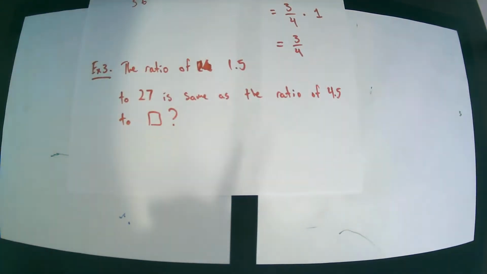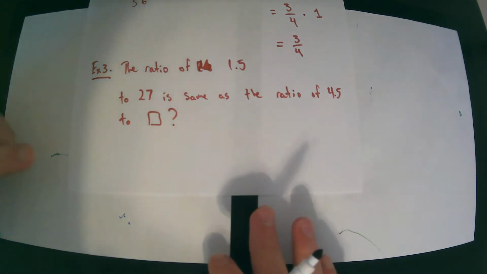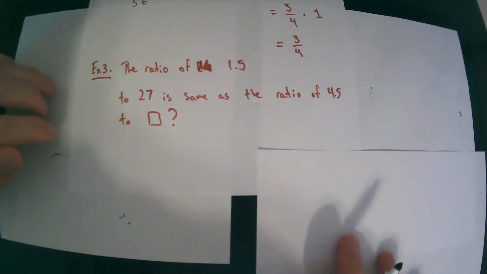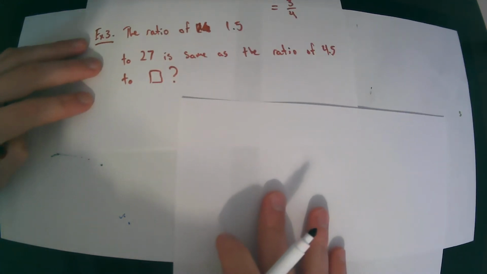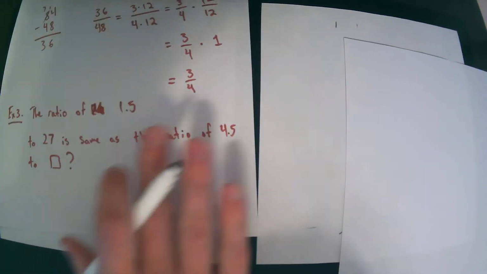Some number. So looking at this problem here, the ratio of 1.5 to 27 is the same as the ratio of 4.5 to some other number. This problem's written in the notes, so I'm going to take this to the side.